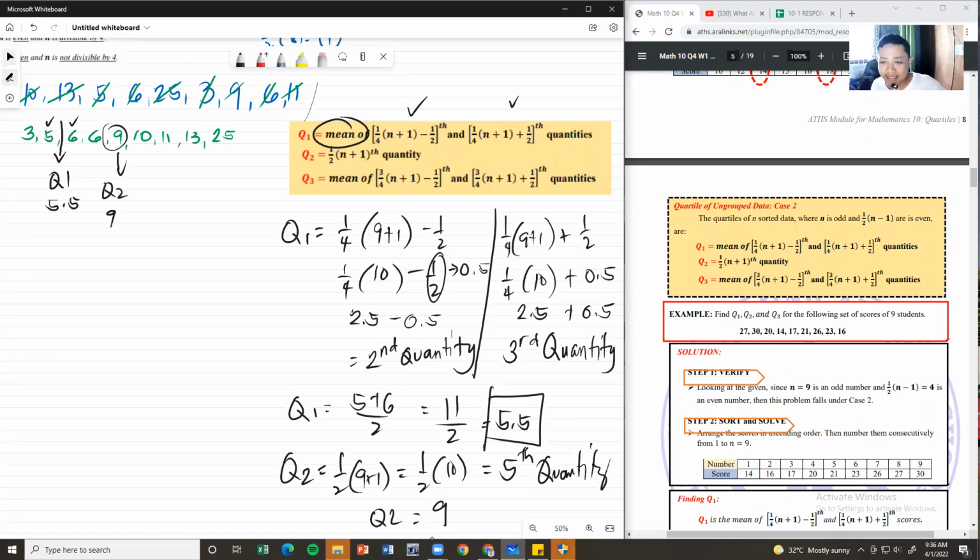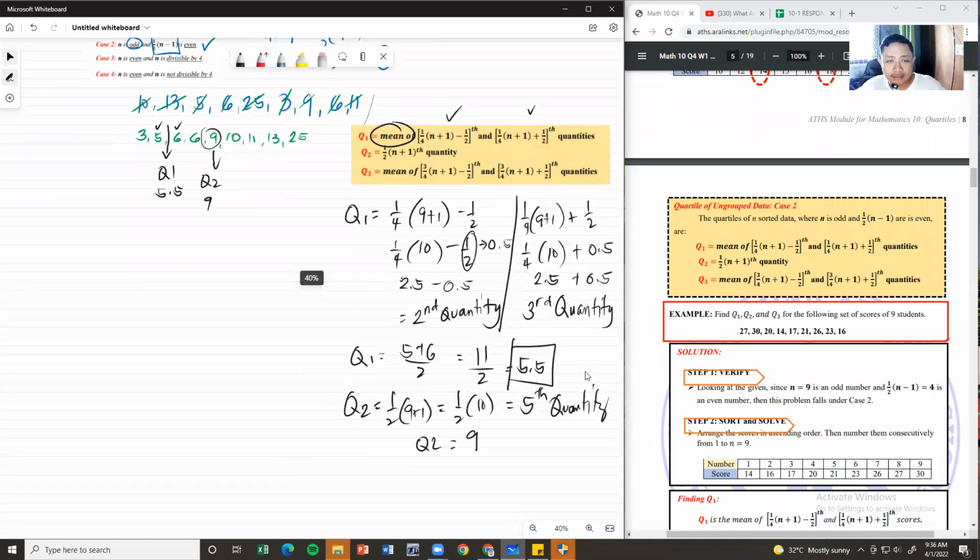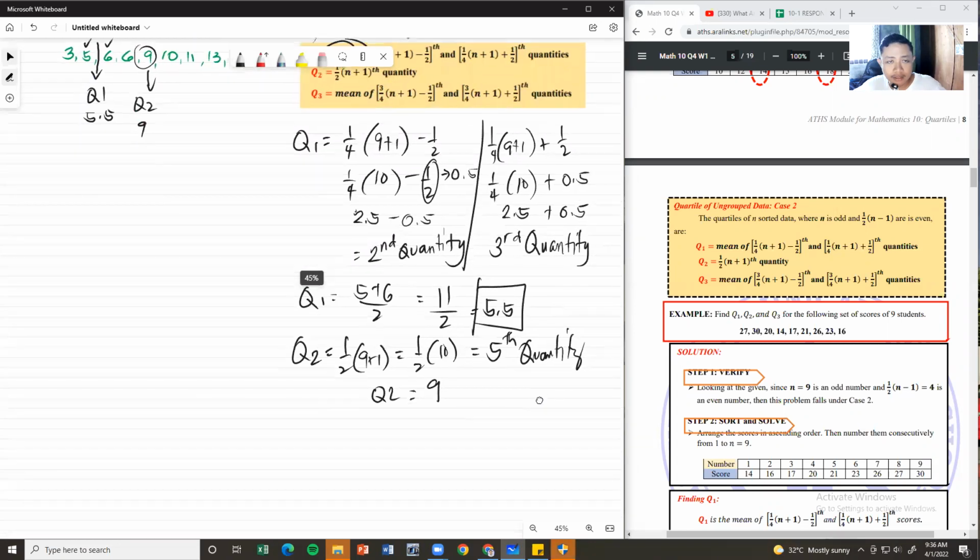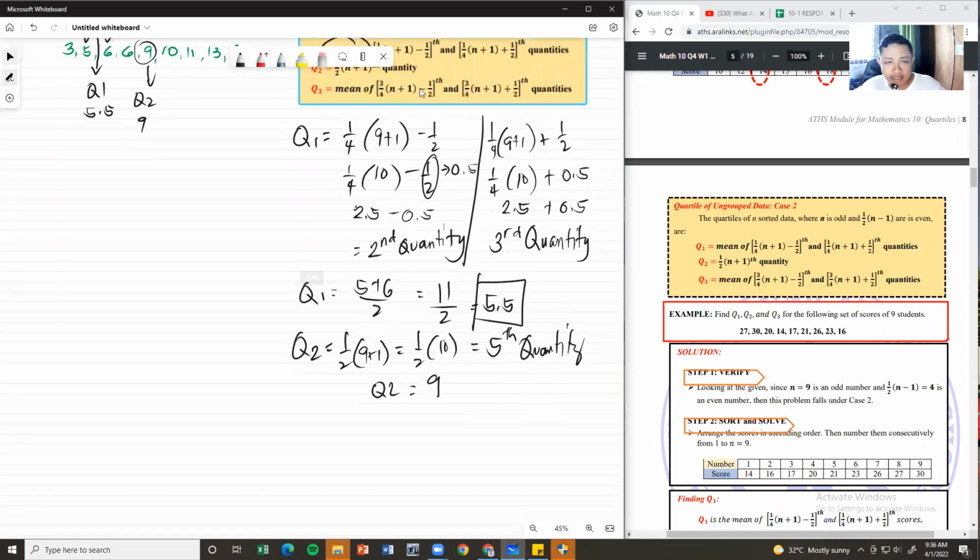Okay, got it? And finally, for our quartile 3, all we need to do is the same process as a while ago, just that instead of 1/4, we use 3/4. So for our quartile 3, this will become 3/4 of 9 plus 1, that's 10, minus 0.5.